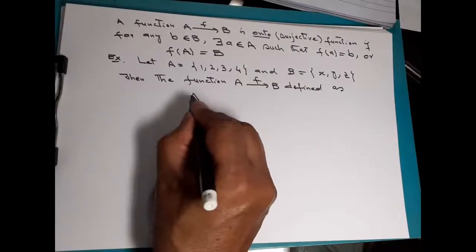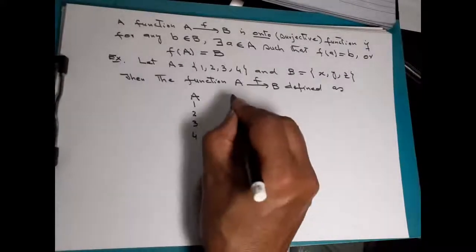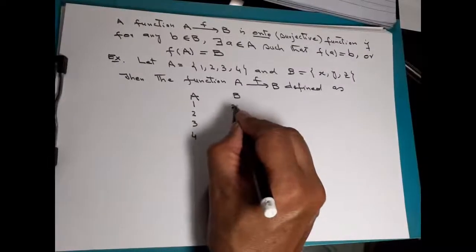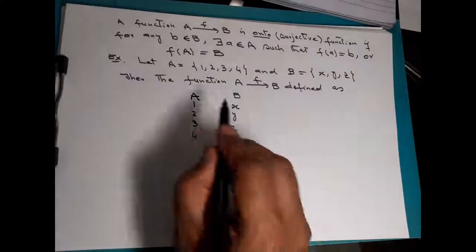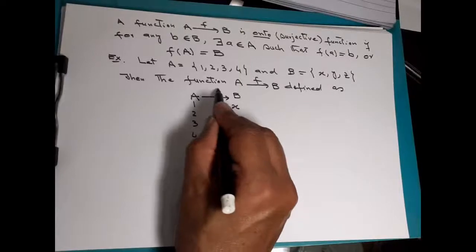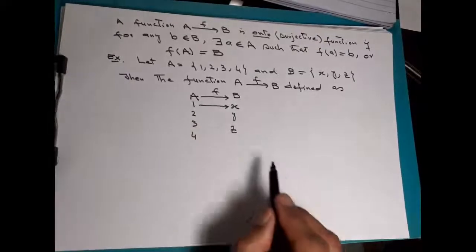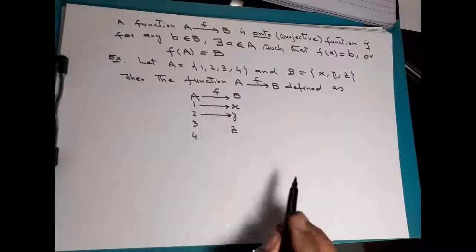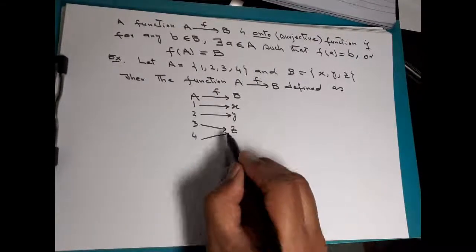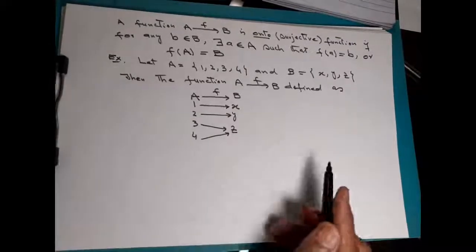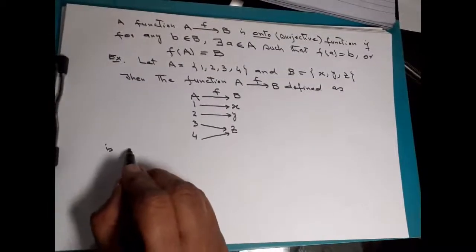This is set A which has elements 1, 2, 3, 4 and this is set B which has elements x, y and z. The function f which we are going to define is going to take 1 to x, 2 to y, 3 to z and 4 to z. This function is onto function.